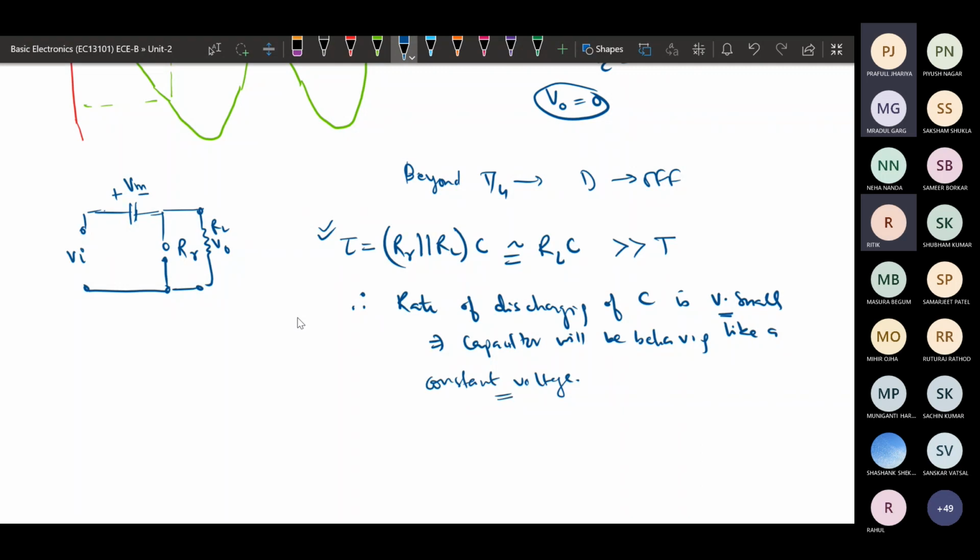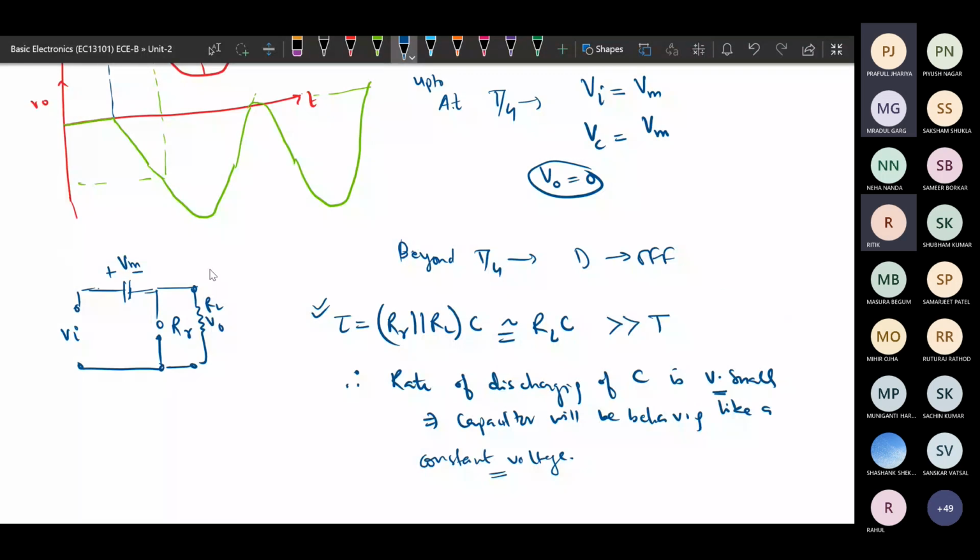The capacitor will be like a constant voltage source in case of a reverse biased diode. So if the diode is reverse biased and the capacitor is a voltage source, the output voltage that we get is the addition of the input voltage and the Vm value. That's why we are getting the higher voltage swing in the negative direction.